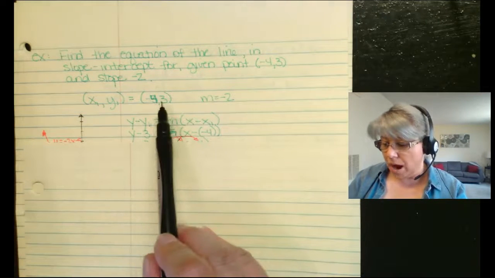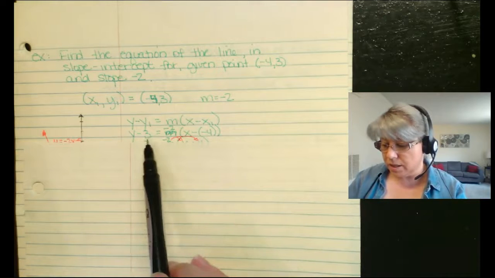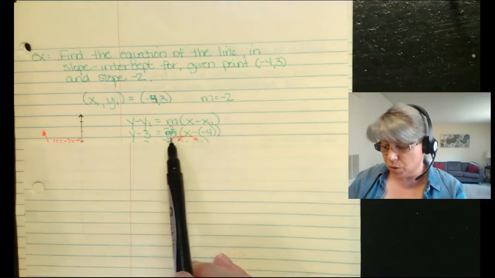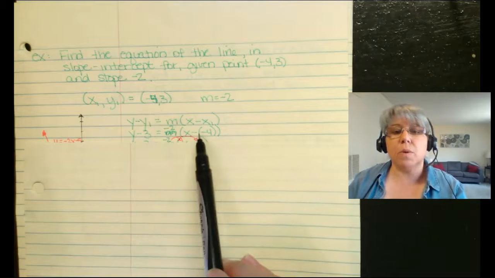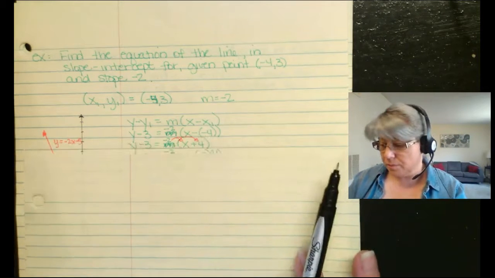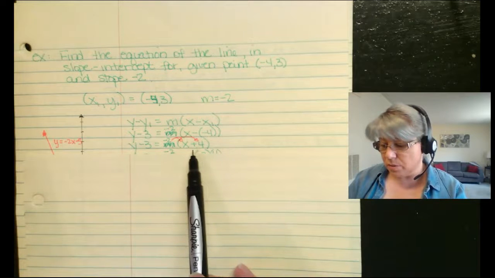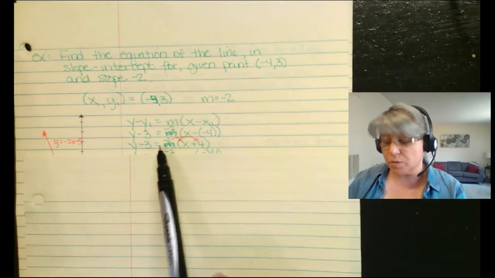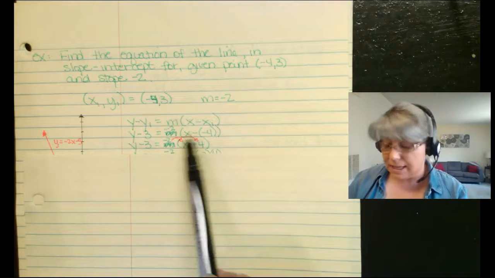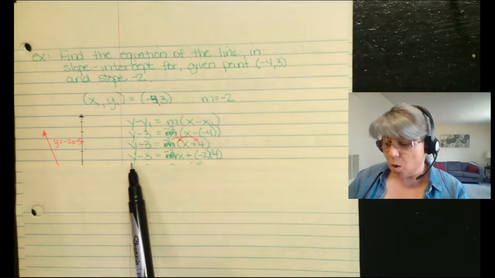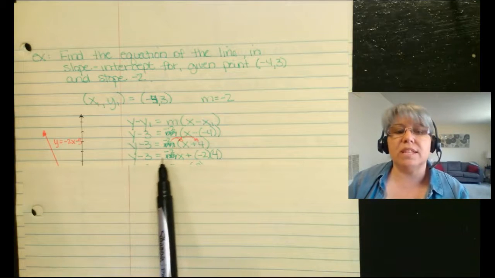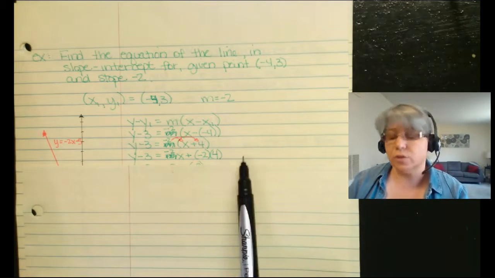Our y1 is a 3, so y minus 3 equals m, which is negative 2, times x minus negative 4 from the point. Negative 4 is positive 4, so what I need to do now is distribute the negative 2 to the x and the negative 2 to the 4, giving me y minus 3 equals negative 2x plus negative 2 times 4.